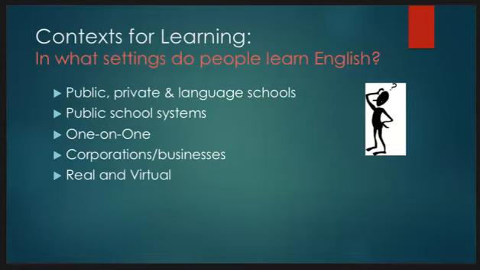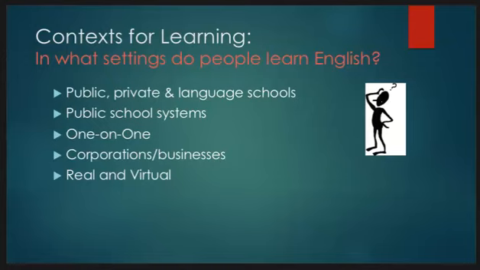Of course, there are also real and virtual contexts in which people are learning English. Historically, we would be seeing people studying in physical face-to-face settings, but increasingly with the use of digital tools, virtual classes can be happening so that students on one end of the globe can be taught by teachers on another end, and maybe students are in multiple places around the world with a teacher in another place entirely.